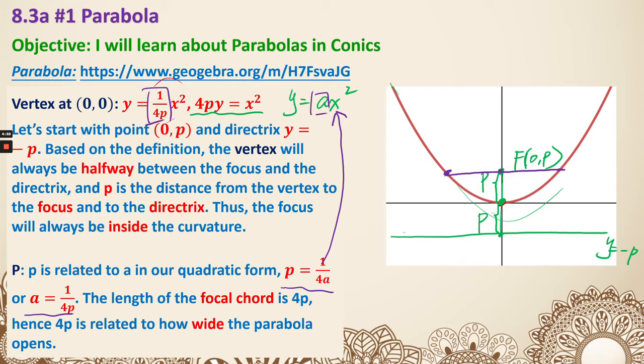The length of that focal chord is exactly 4p. On the left side we have 2p, on the right side we have 2p, so together it's exactly 4p. That's the relationship with how wide the whole thing is, using the letter p. And since a also represents how wide it is, there's a relationship, 1 over 4a or 1 over 4p, because p and a are both representing how wide the parabola opens. So there's our relationship for vertex at (0, 0).